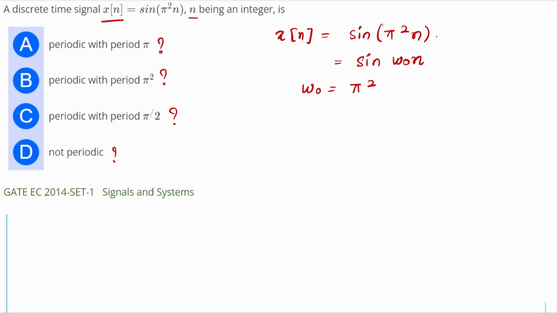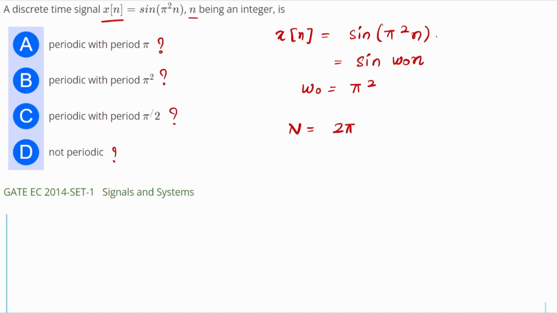In order to check whether the signal is periodic or not, we have to find the fundamental time period, or here in the case of discrete signals, the fundamental integer value, that is the value of n.